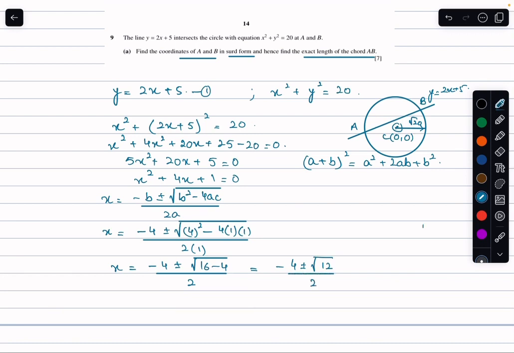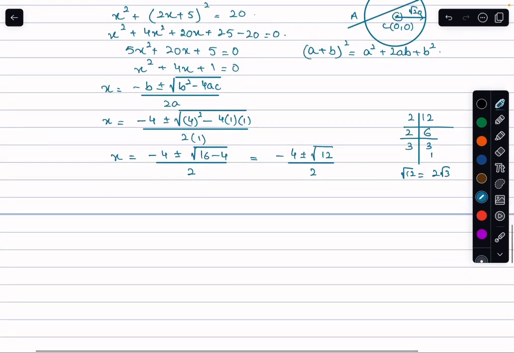For under root 12, take the LCM of 12, which gives 2, 6, 2, 3 and 3, 1. Therefore under root 12 shall be equal to 2 under root 3. So substituting that, x equals minus 4 plus minus 2 under root 3 in place of under root 12, divided by 2. 2 can be taken common.